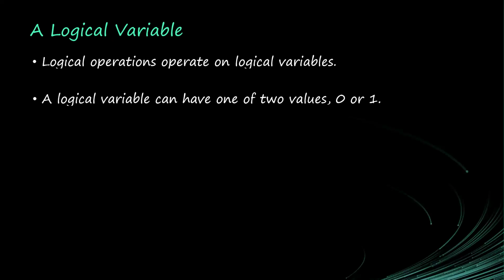When we talk of logical operators, we look at 0 as false and 1 as true. When we talk of bitwise operators, we look at 0 as 0 and 1 as 1, the binary values.